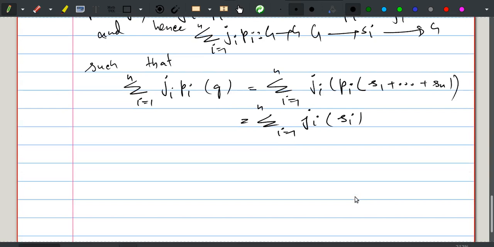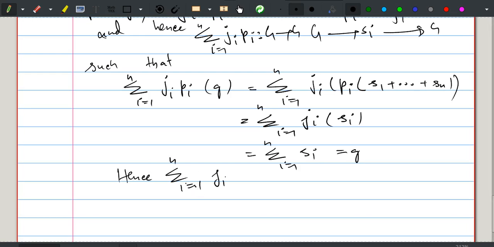So this is again equal to sigma i from 1 to n, since Ji of si is si, so this is again g. Hence sigma i from 1 to n Ji Pi is just an identity map on G.